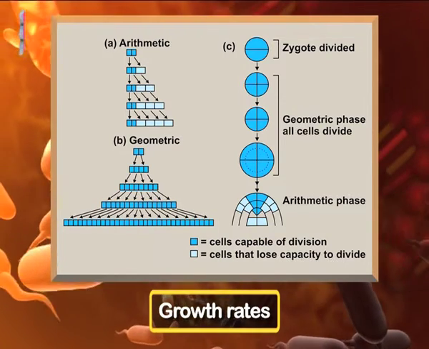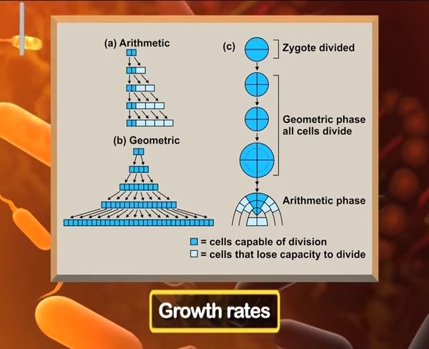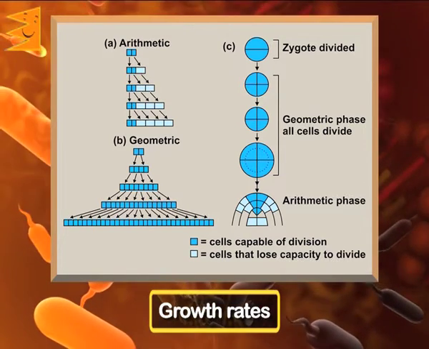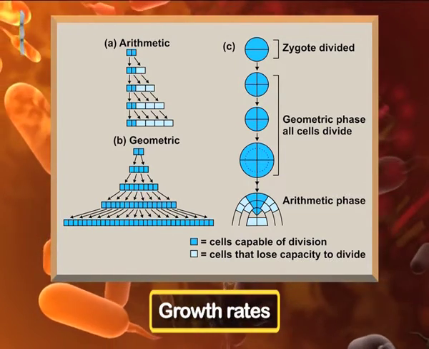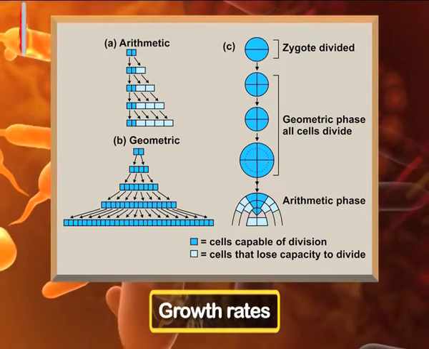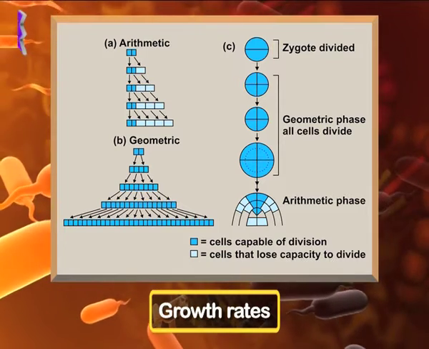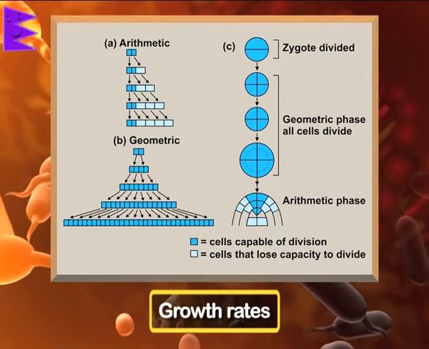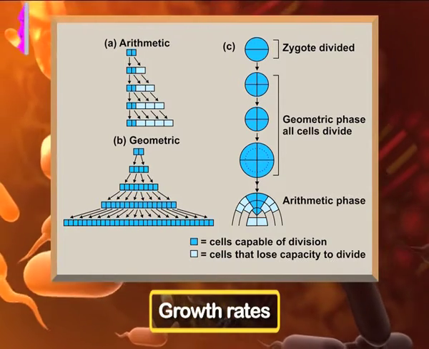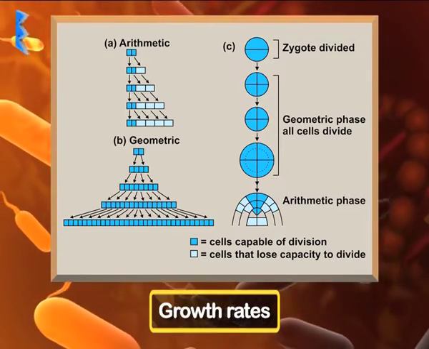One shows the cells which have the ability to divide, the other the cells which do not have the ability to divide. You can see how arithmetic growth rate is taking place and how geometric. And in the third diagram you can see from the zygote how a plant grows, taking both arithmetic as well as geometric growth rates.